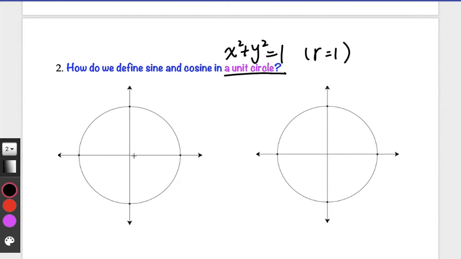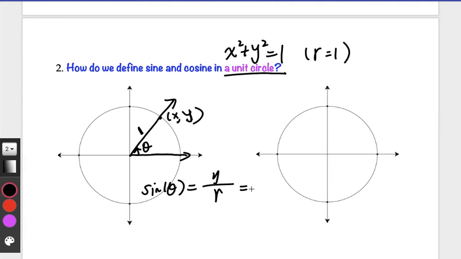So if we still have a random angle here, I still label this (x, y), and the very special part is that this radius is 1. So sine theta will be equal to y over r, but r is what? It is 1. So it's very simple, it becomes y. This is how we define this in the unit circle.